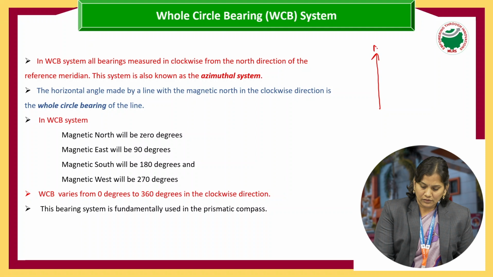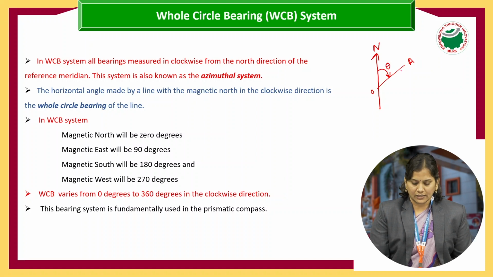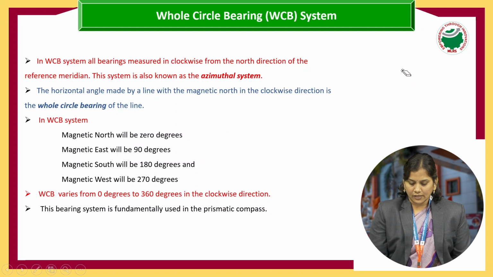So this is magnetic north, and if this one is our survey line, then the angle measured from the north in clockwise direction towards survey line is known as whole circle bearing of this OA survey line. Let's see in detail.